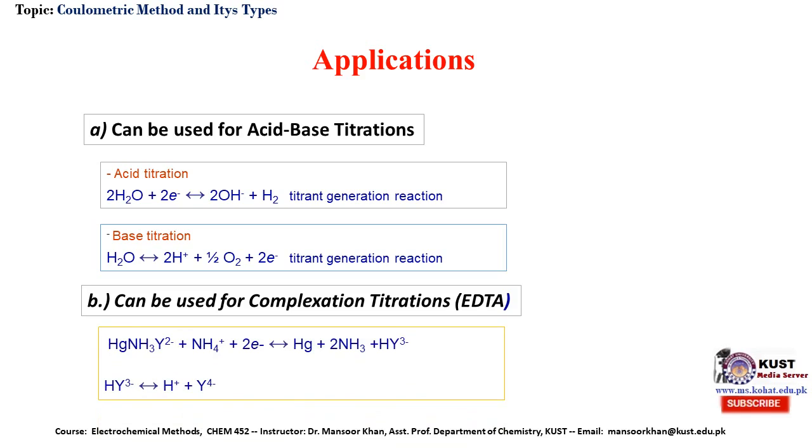Here HgNH3Y-2 is basically the ligand which reacts with NH4. And H4Y, that is Y-4, is basically the EDTA, which is used as a titrant, and it is hexadentate and gives 6 pairs of electrons.